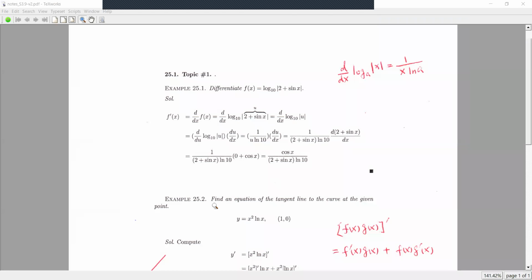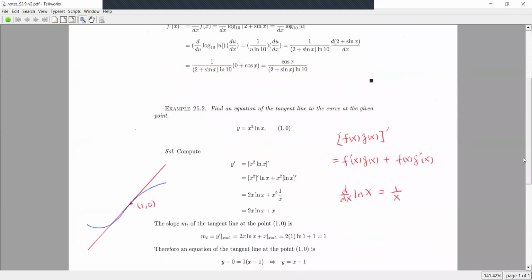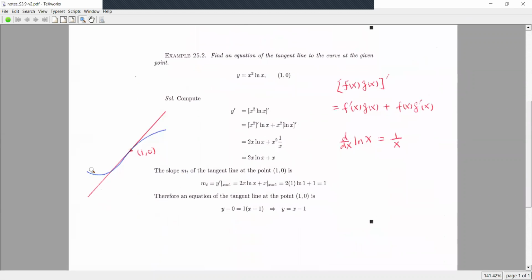Example 2. Find an equation of the tangent line to the curve at the given point. The given point is 1, 0. The curve is the graph of this function. Suppose this blue curve is the graph of the function. The point 1, 0 is here.